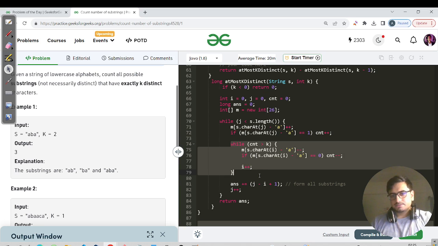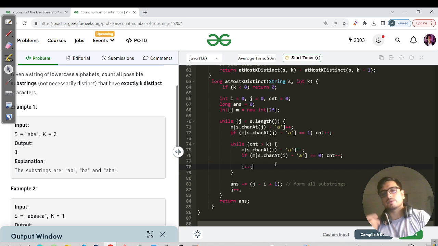Now we have two cases. While count is greater than or equal to k, we need to start popping out, we need to start removing the frequency from the starting window. Why? Because this function was to implement at most k distinct, not greater than k. At most k means from 0 to k, not greater than k, right? So if it is exceeding k, we need to start decreasing the frequency from the starting pointer of our sliding window.